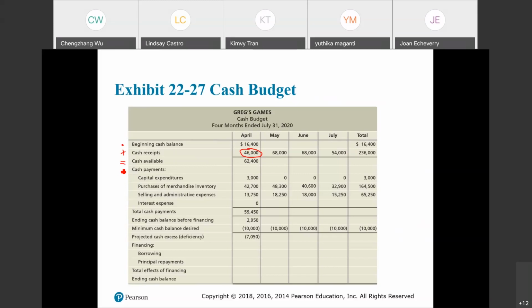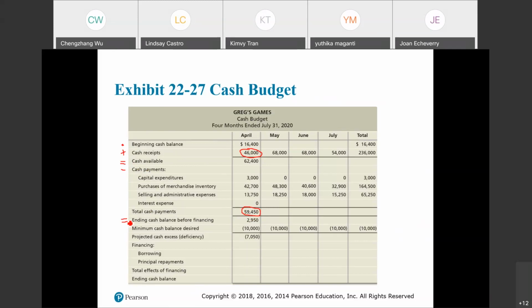And we subtract payments from total cash available. The total cash payments number can be found from the previous cash payments budget. Total cash available less cash payments, we get the ending cash balance before financing.